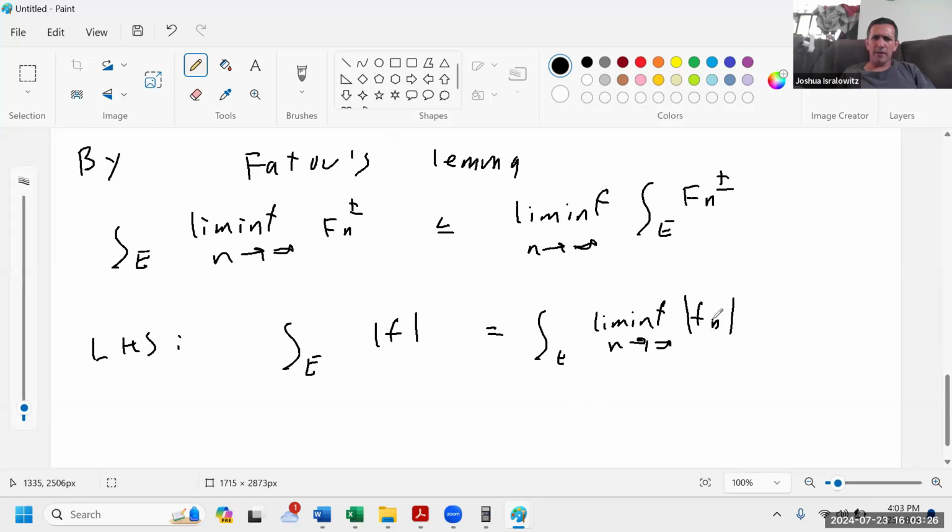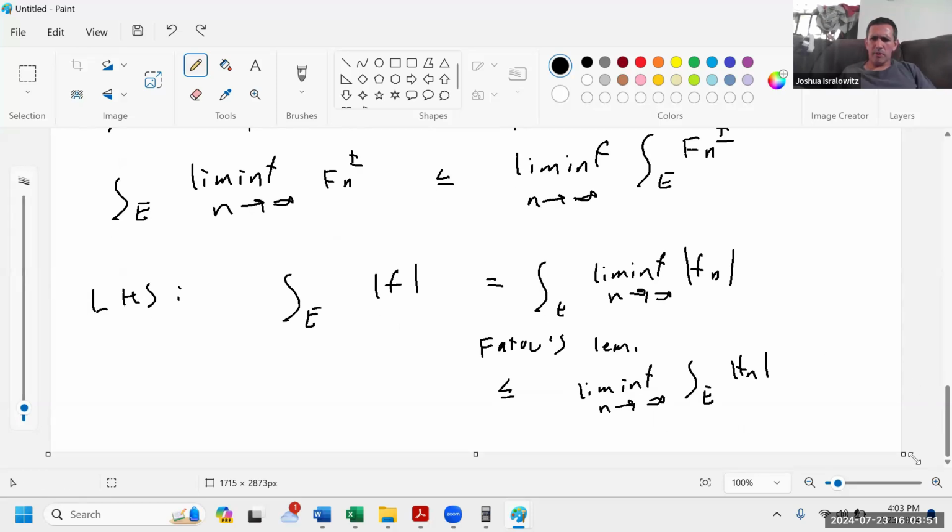So yeah, the absolute value of Fn converges to the absolute value of F almost everywhere. So this is true, and this is Fatou's lemma. And this is finite. Well, let me not skip steps here.